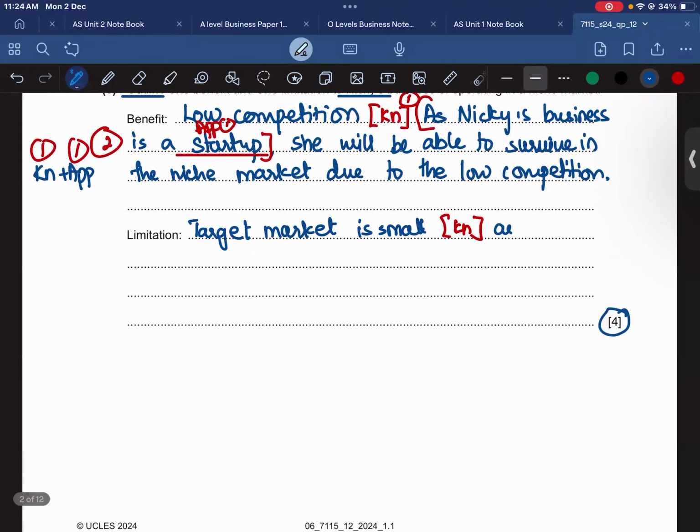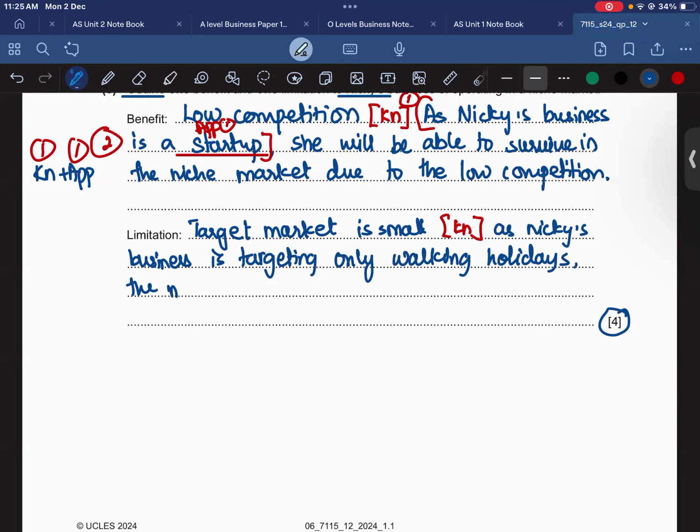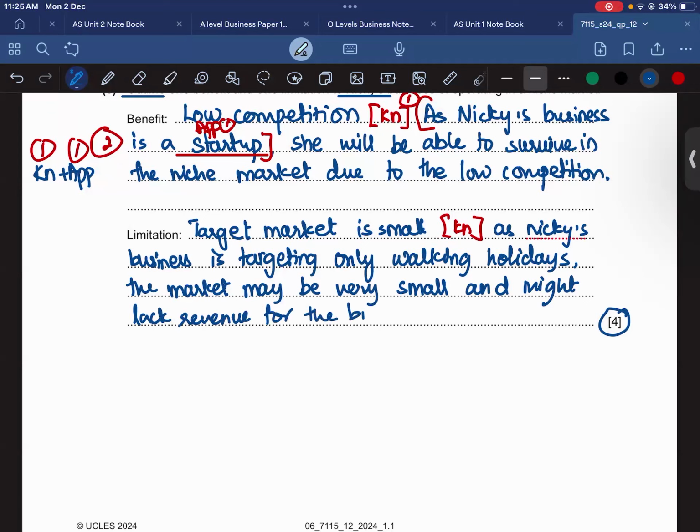So you can write that business is targeting only walking holiday, the market may be very small and might lack revenue for the business.